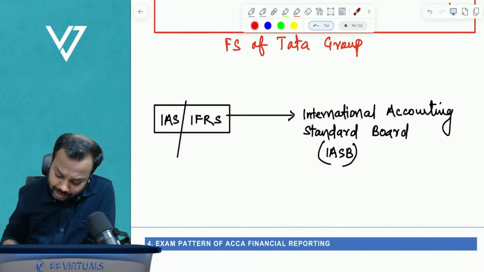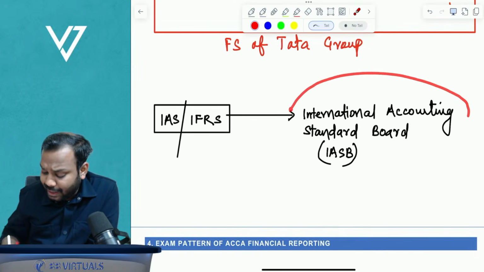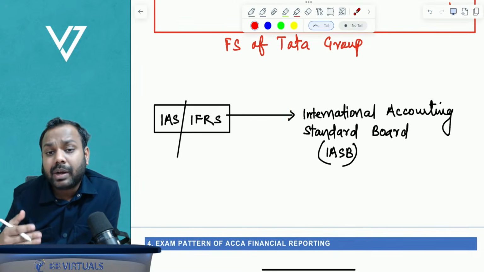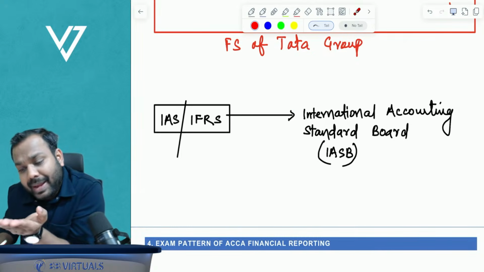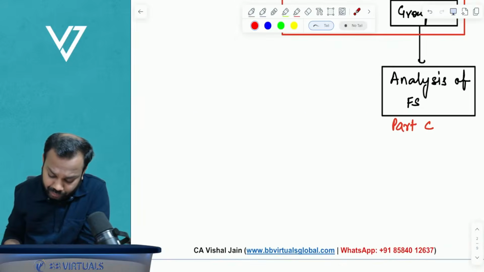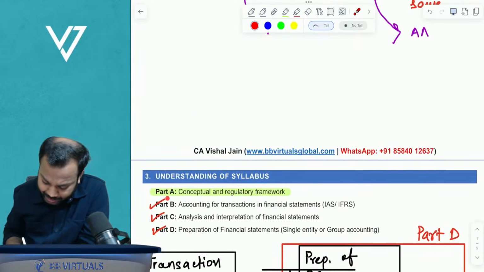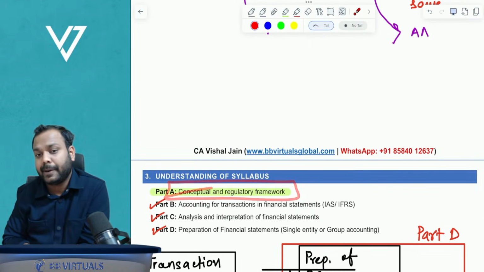Now tell me, if IASB has to set up a new accounting standard, there should be a base. The conceptual framework forms the base of the new accounting standard.